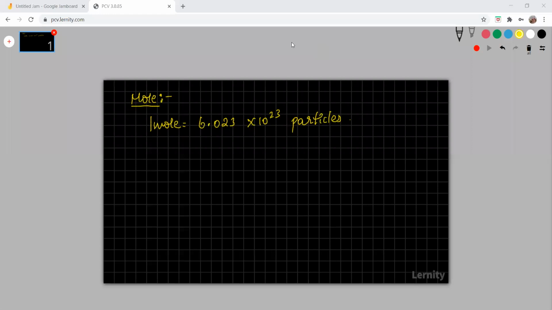No, mole concept is not yet taught to you. Anyway, now just continue with mole concept.